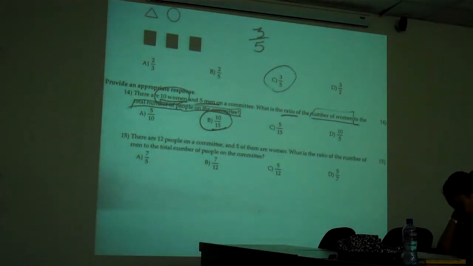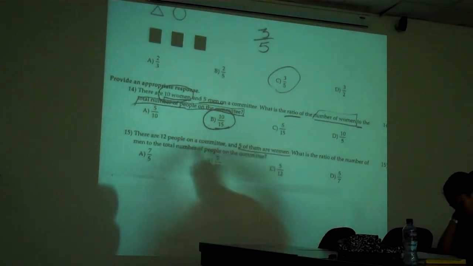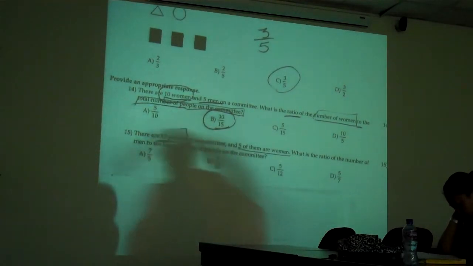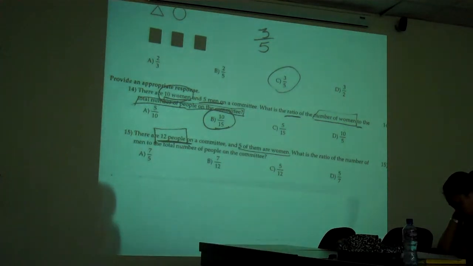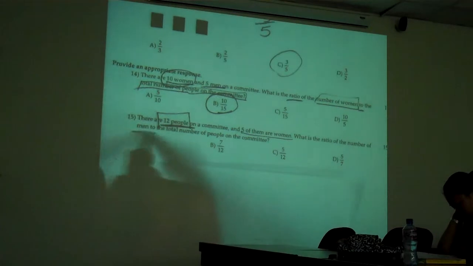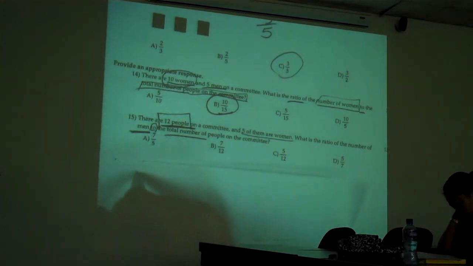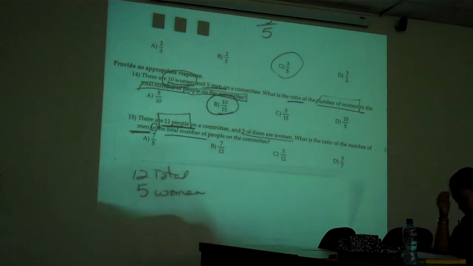Okay, there are 12 people on a committee, 5 are women. There's your people total, and 5 are women. What is the ratio of the number of men to the total? So you subtract 5 from 12, get 7. Right. You have to subtract to get the men, because if you have 12 total and 5 are women, the rest must be men.